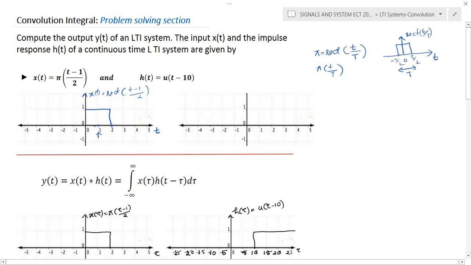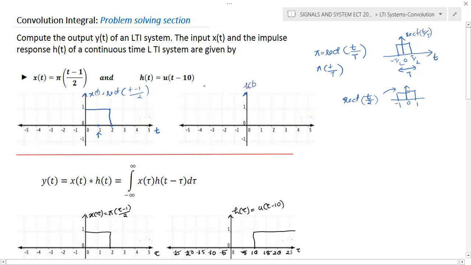If you simply draw a rectangle t by 2, it is a waveform which is centered at 0, and it's 1 here and minus 1 here. So this is the waveform rectangle t by 2, and that waveform is shifted towards the right by 1 unit. Right. Now we'll draw h of t.